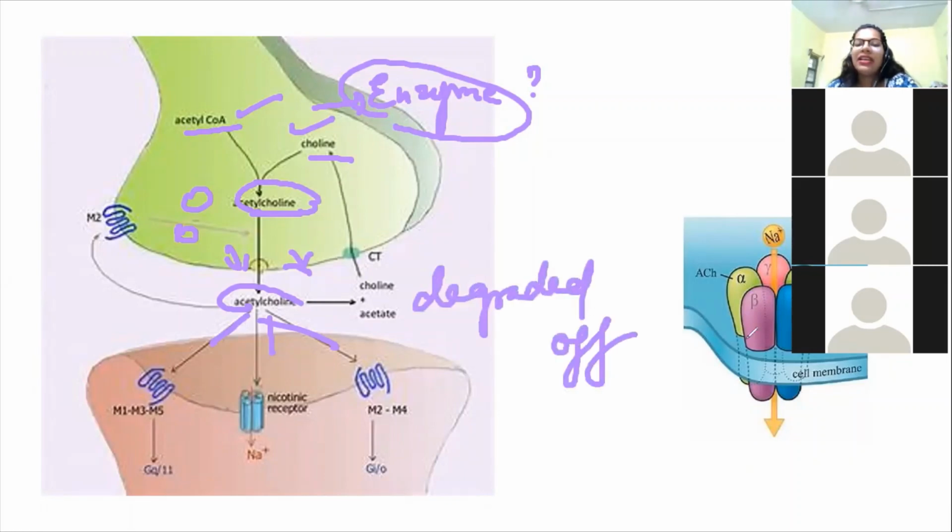Who can tell me the degrading enzyme? Acetylcholinesterase. Very good. It is the esterase which will help in degradation of the acetylcholine present in the synaptic cleft. Now, what will happen if this is not degraded and it is present in the synaptic cleft? Anyone?